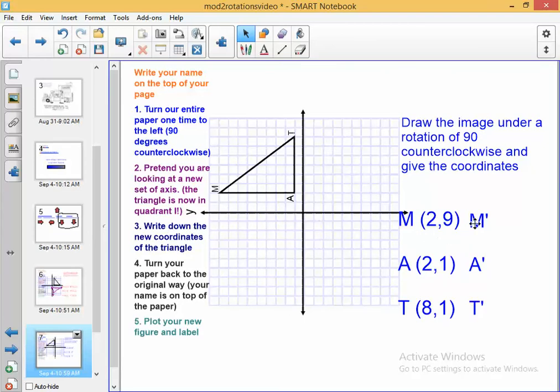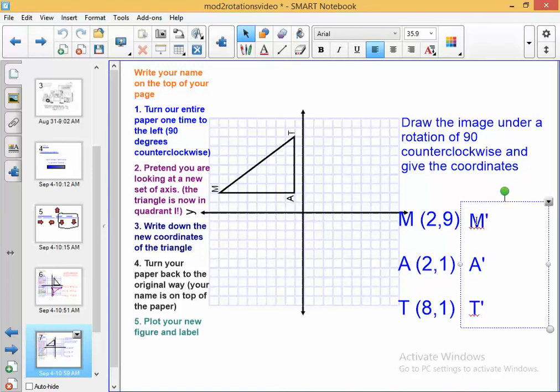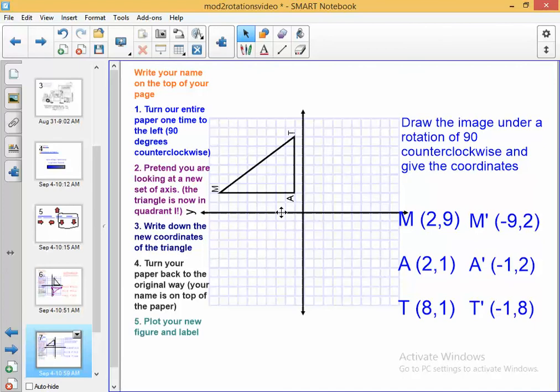We're going to write down the coordinates of this new triangle. M is now 9 to the left and 2 up. A is 1 to the left and 2 up. And T is 1 to the left and 8 up. That's why it's really important to know how to name coordinates.